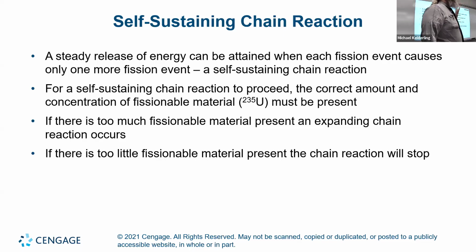But you can either add something that prevents it, that's what a control rod does, or you can add something that helps cause these neutrons to hit more 235, that's called a moderator, and control the rate of fission.